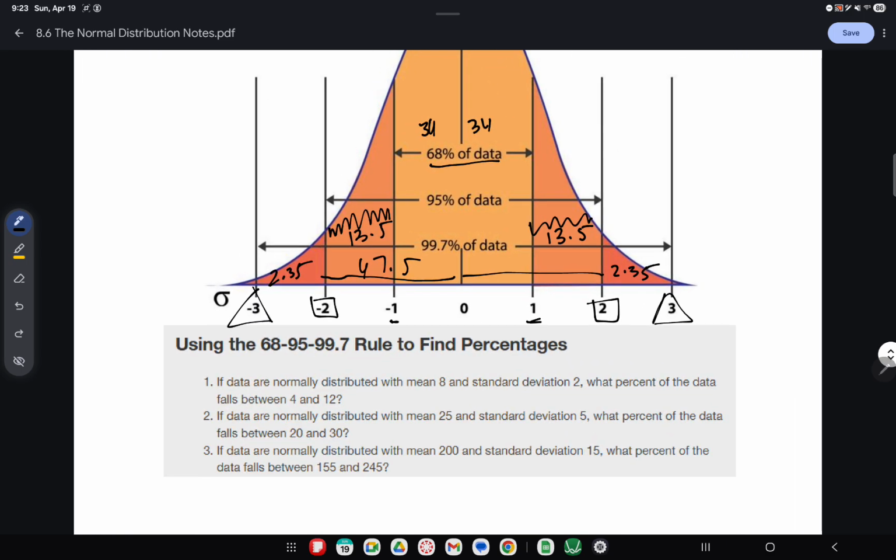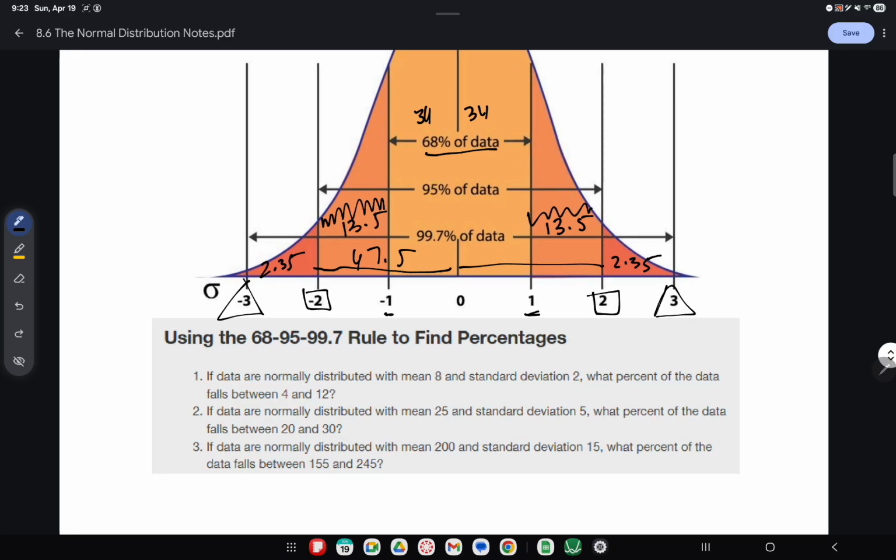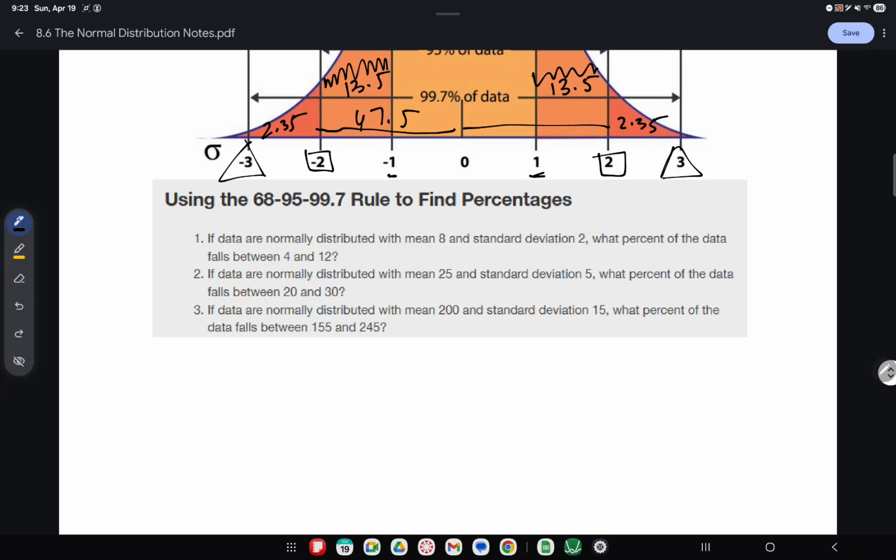If the data is normally distributed with a mean of 8 and a standard deviation of 2, what percent of the data falls between 4 and 12? All right, so what I like to do for this example, I can draw a bell curve if I want to, but I really just need the mean of 8. And then I can draw out my standard deviations.